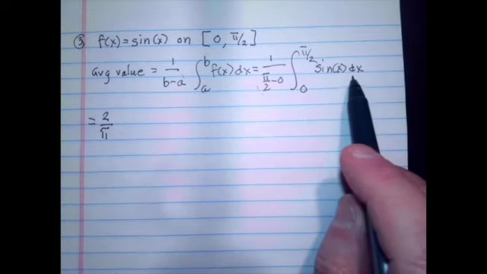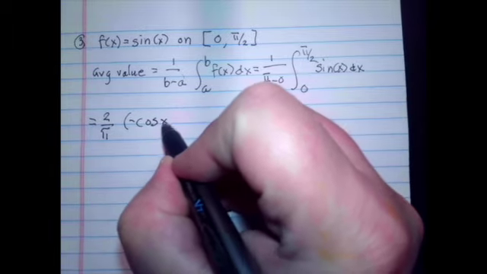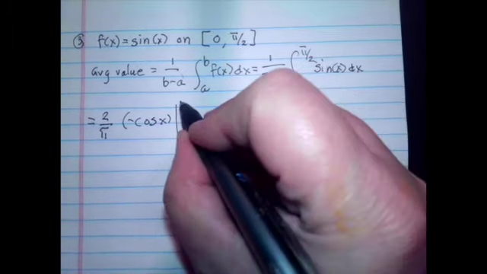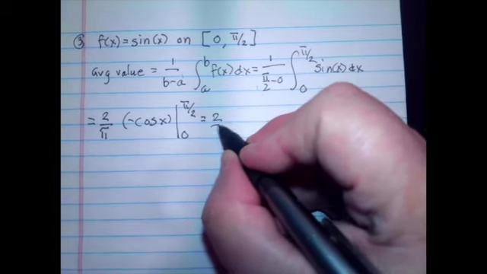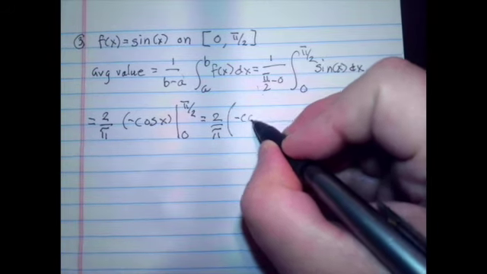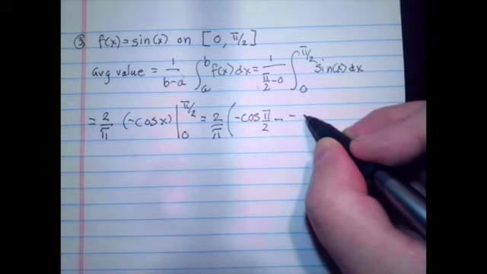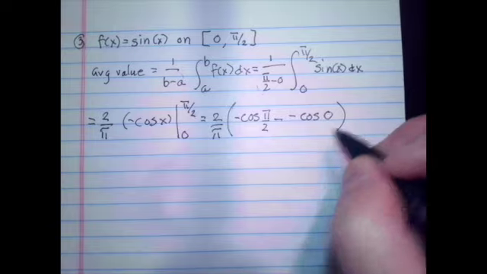The integral of sine of x is negative cosine of x. So we'll have 2 over pi times the negative cosine of pi over 2 minus the negative cosine of 0.